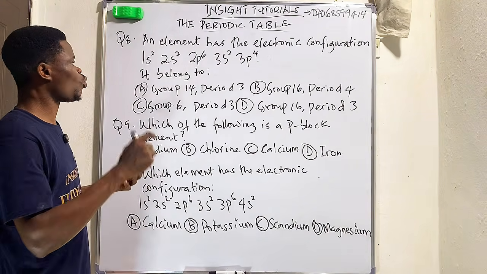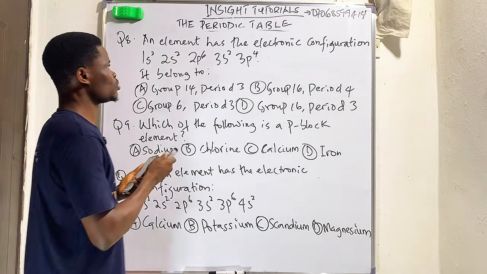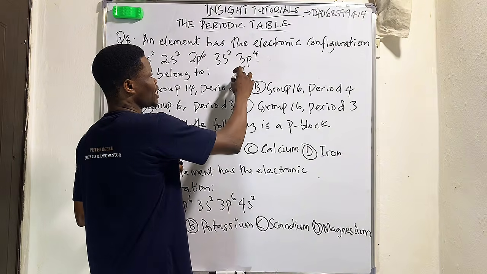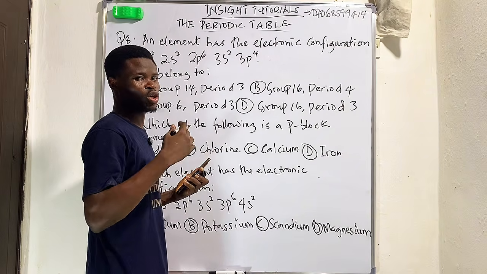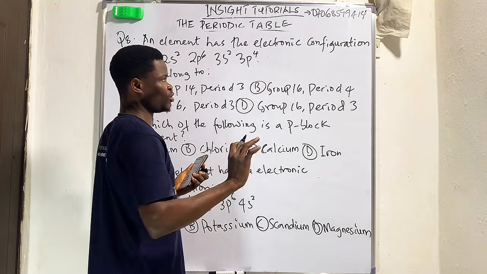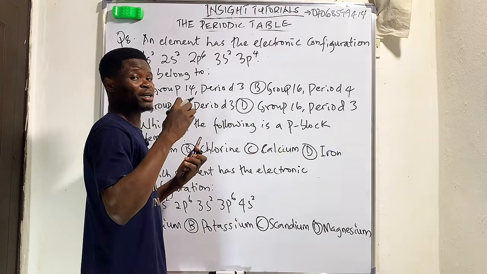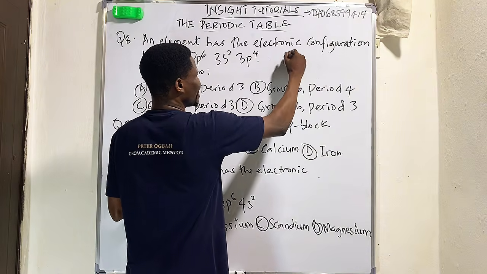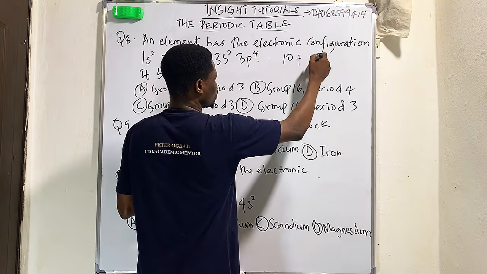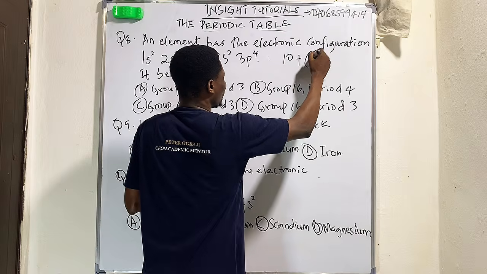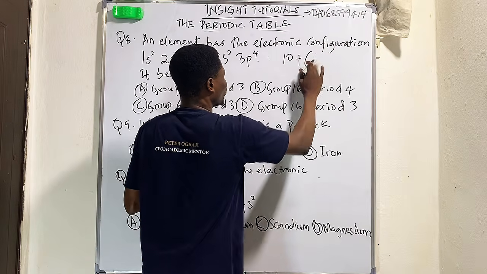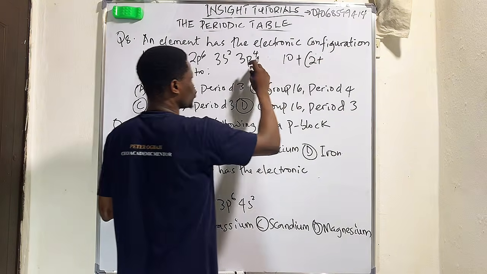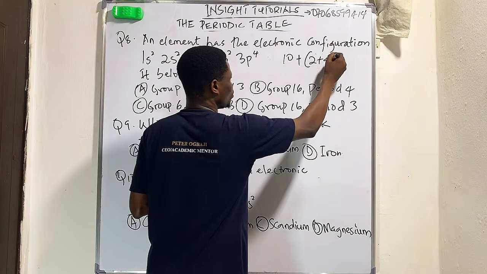Now, for us to know what group it belongs to, since this element ends with 3p, it is a p block element. For you to know the group it belongs to, this is the simple idea you need to know. Based on the modern numbering system in the periodic table, you do 10 plus whatever the s is carrying, which is 2, plus whatever the p is carrying, which is 4.